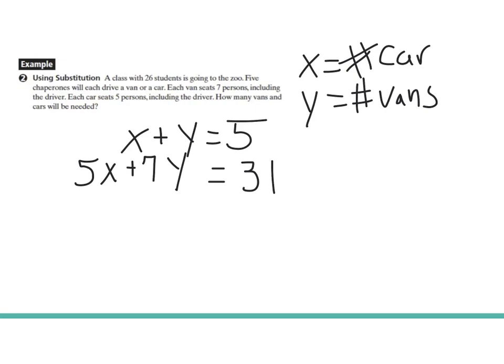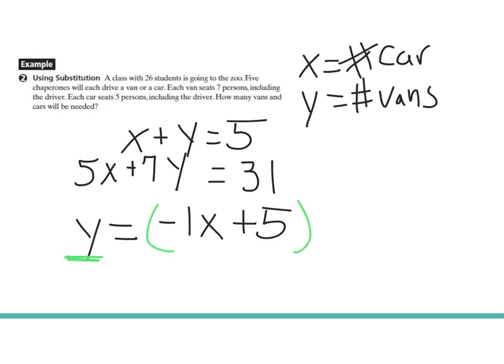And I'm going to use substitution again. So my top equation, I'm going to rearrange, and that is going to be y equals negative 1x plus 5. See what I did there? So this is the value I'm going to substitute in for y in the second equation.